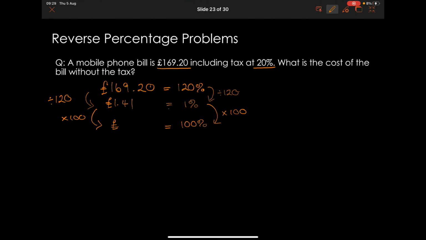If I times it by 100, it gives me £141. Okay? And that's it. That's all you have to do. You just need to remember that if it's a decrease, we do 100 take away the percentage decrease. And if it's an increase, we do 100 plus the percentage increase. Okay? That's when we're doing reverse percentage problems.